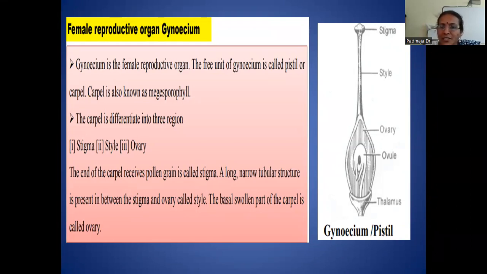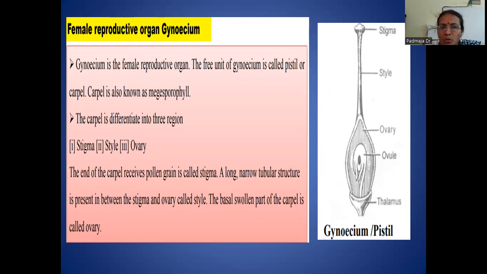And the gynoecium consists of three parts. The basal part, we already studied, the cushion part of the flower, is known as the thalamus. On the thalamus, the ovary, style, and stigma. These three parts combine to form the gynoecium. And gynoecium is also called the female reproductive organ.